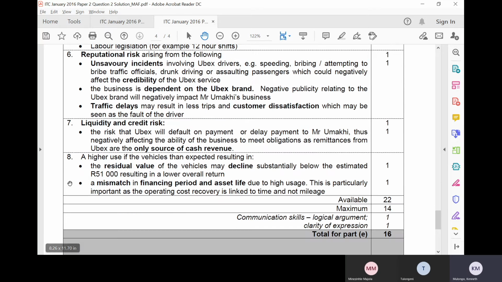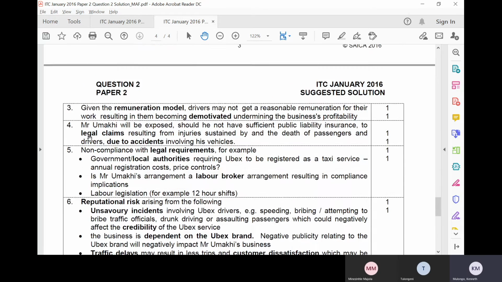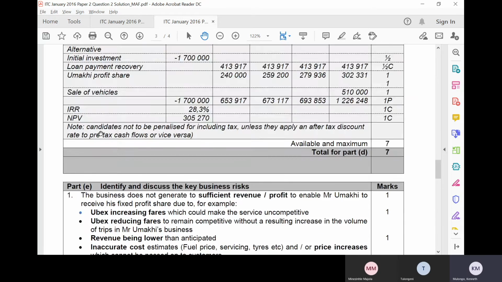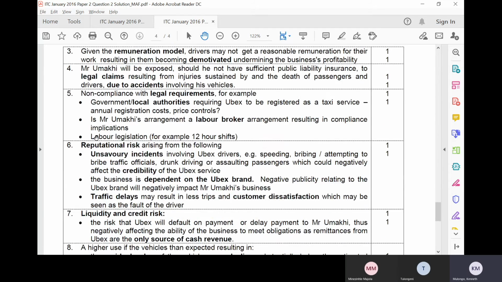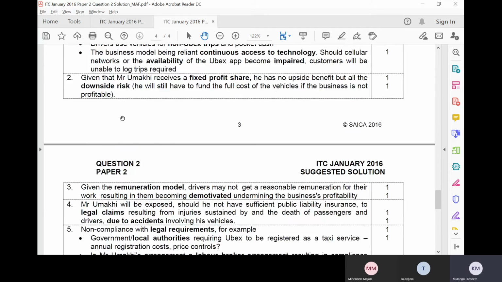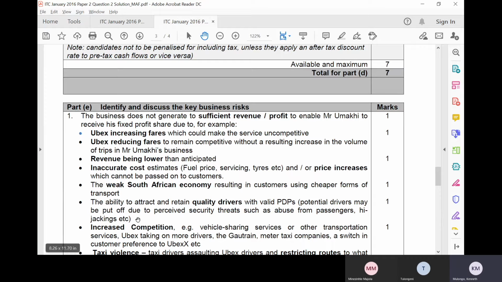The next time I get asked a business risk question, or a question that sounds like it's asking me for business risk, I use these categories to answer it. It's about 8 categories. The explanation they give is specific to the Uber company, but the next time I'm doing another industry, I use this category or heading, and then I apply what I know about that industry from the information they've given to the scenario.